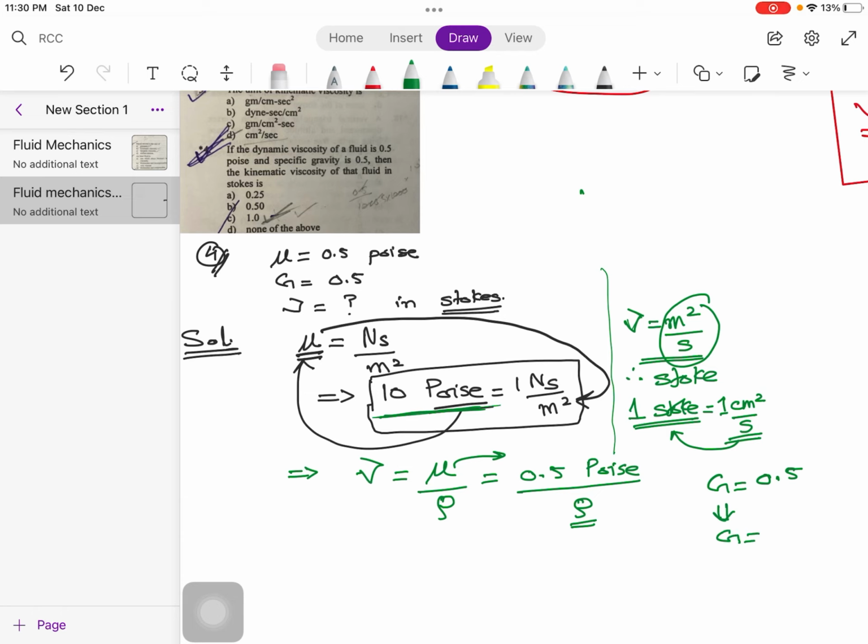And specific gravity of any fluid is the density of that fluid upon the density of water.